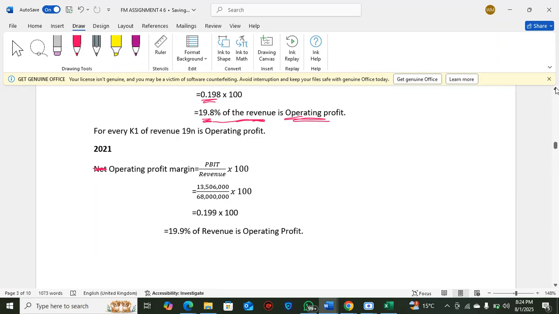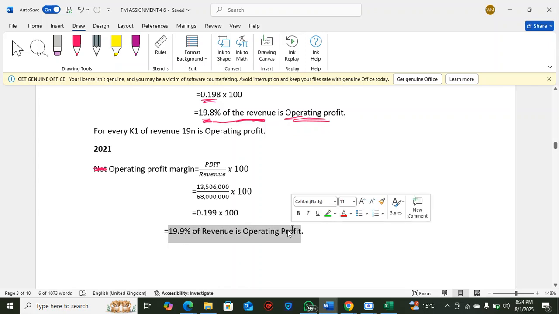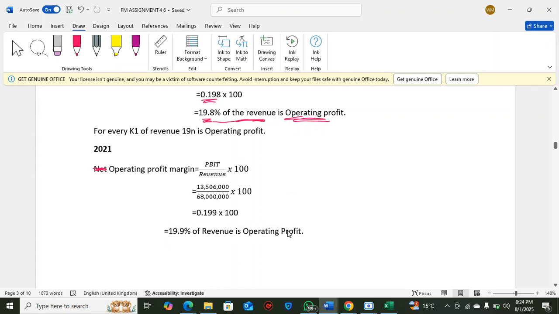The other one was 0.198. This is 0.199. All right. So for every one kwacha of revenue, 19 ngwe is operating profit. In percentage form, 19.9% of our sales revenue is operating profit.